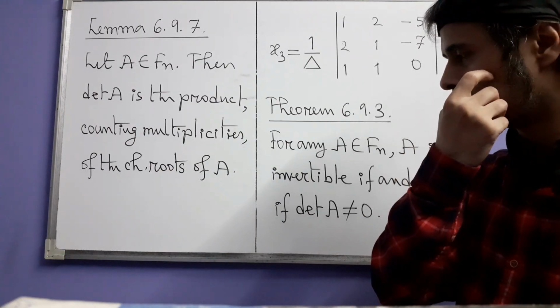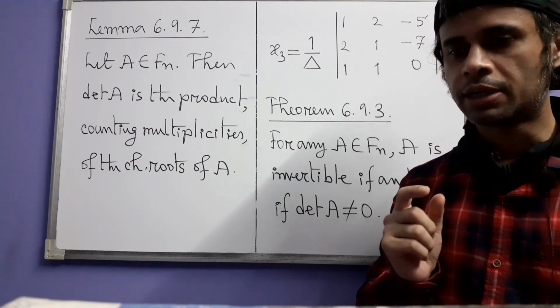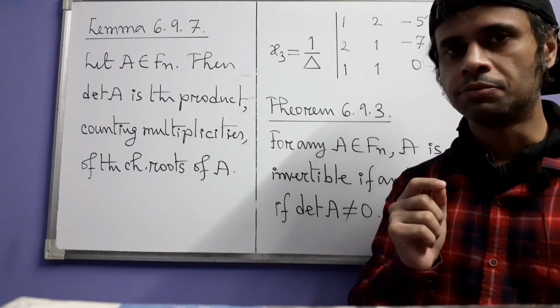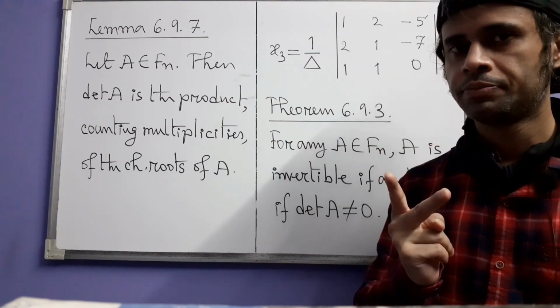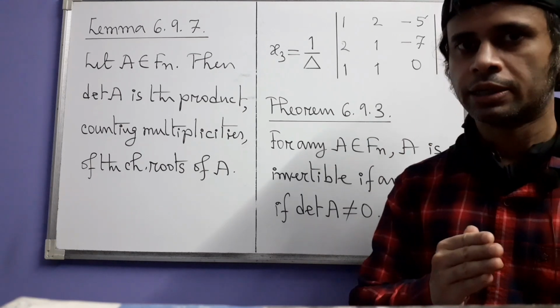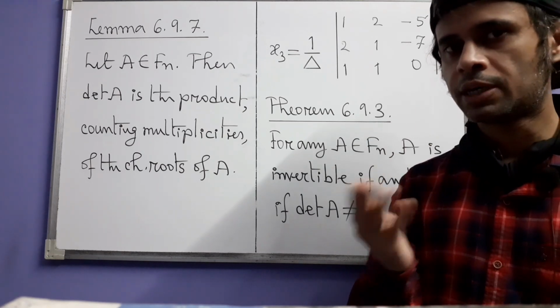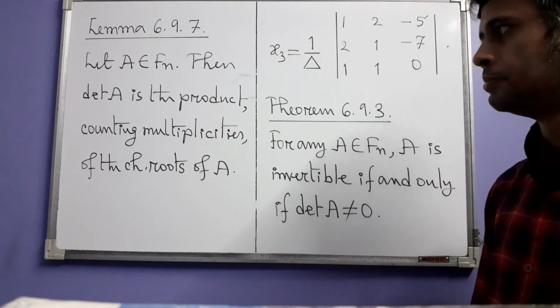For example, say you have a 3 by 3 matrix where the characteristic roots are 1 and 2, and 2 appears 2 times, then the determinant will be 2 times 2 times 1. So the number of times a characteristic root appears has to be counted.